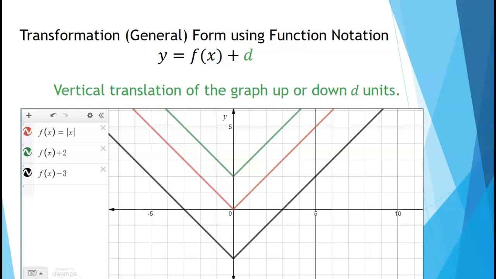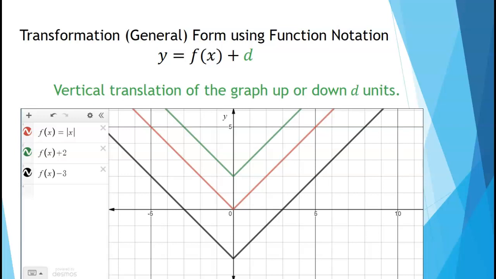It didn't change its width or anything like that. It's just shifting up or down, which of course will change the vertex. You know, the previous change that we looked at, shifting it left or right, will also change the vertex. But this change here, d, up or down, will also change the y value of the vertex and the range.